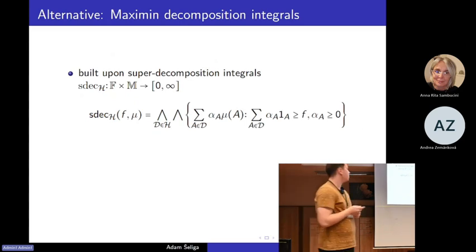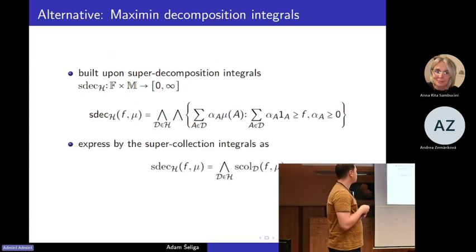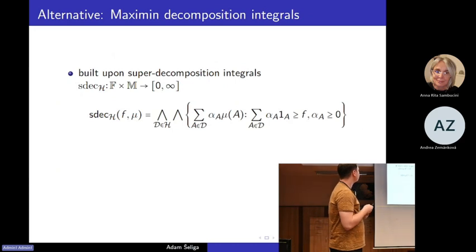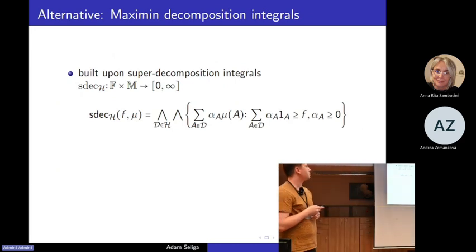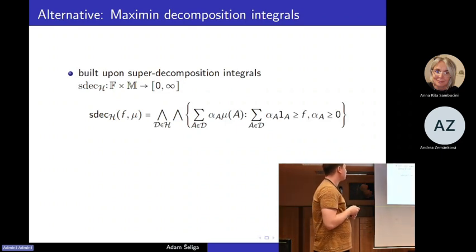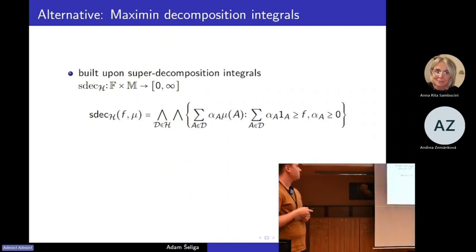Also, we can work on an alternative way to define maximum decomposition integrals. In this case, we are working with super decomposition integrals. Super decomposition integrals are defined again on functions and monotone measures, but there is a little difference.